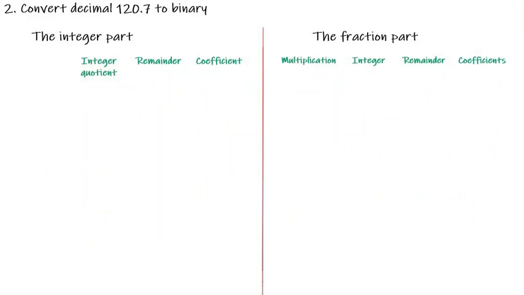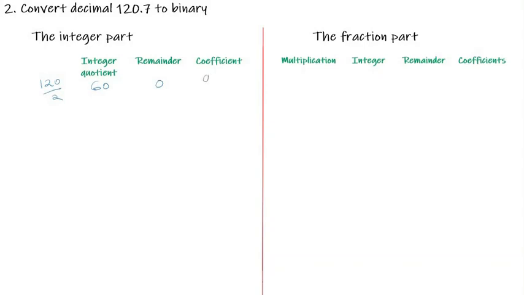In example number 2, we want to convert the decimal 120.7 to binary. Similarly, we are going to have this number in two parts, the integer and the fractional part, and we start with the integer part. So I have 120 divided by 2, which gives me 60 and a remainder 0.